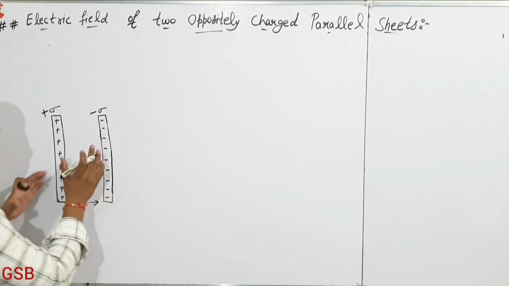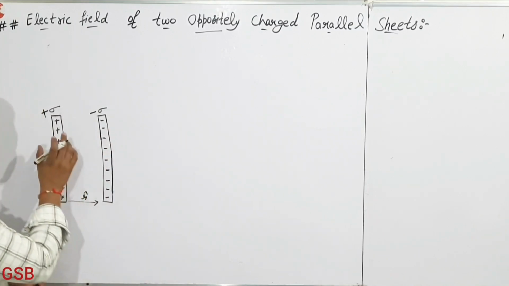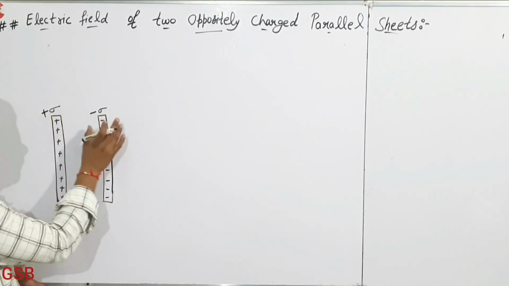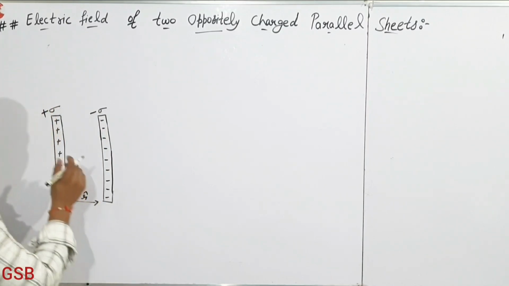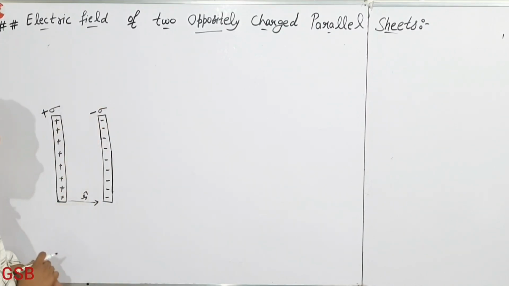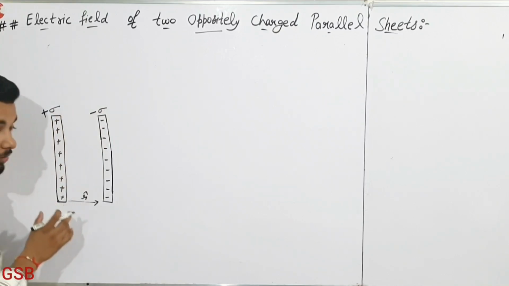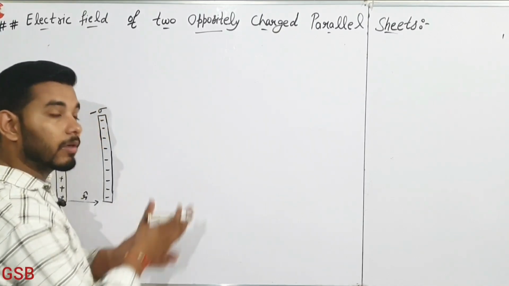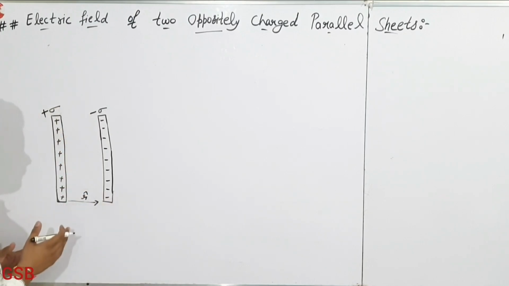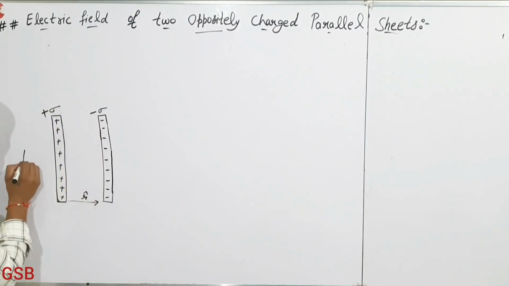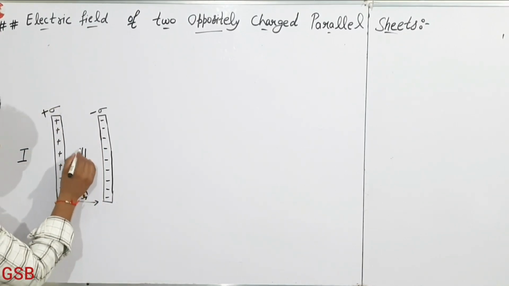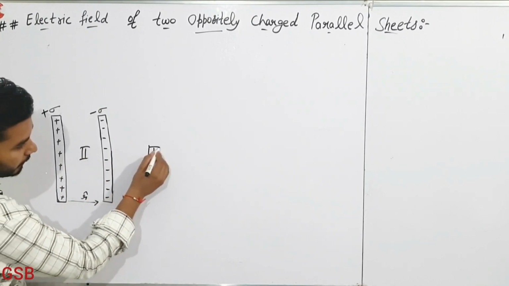Now we represent the electric field lines due to positive sigma and negative sigma. Let positive sigma represent the electric field E1. For a positive charge we know the electric field is perpendicular, meaning radially outward from the positive surface. Now we define region first, region second, and region third.